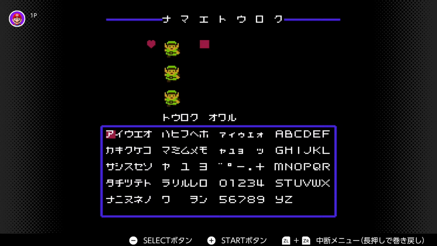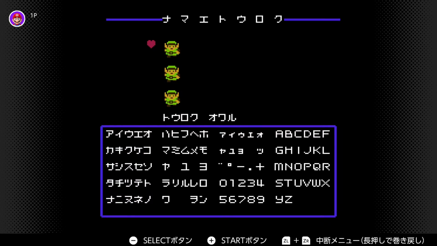Okay. It takes a little because again, back then it was actually reading from the disk, so a floppy disk, so it takes some time. As you can see here, we can select from all the katakana syllabary.